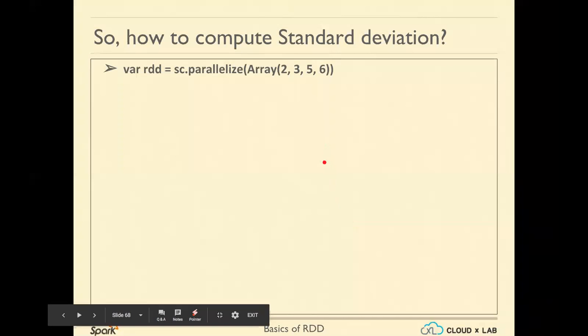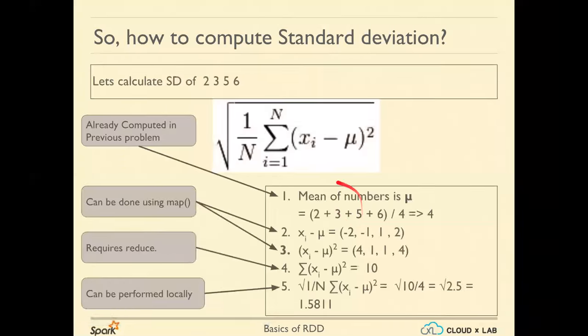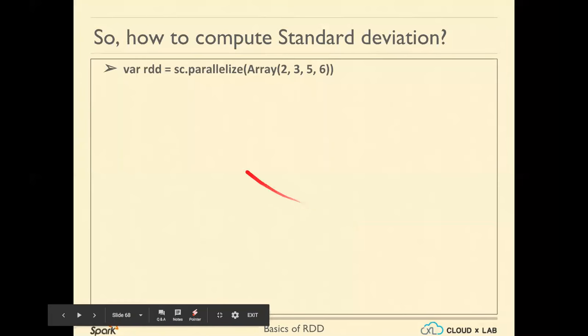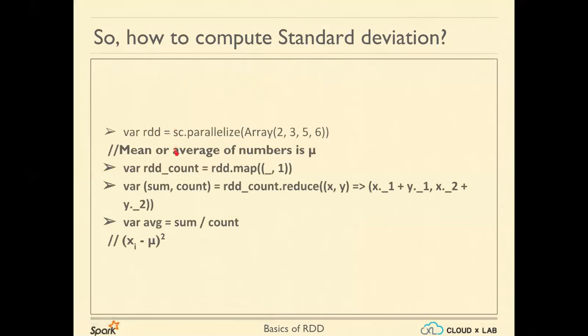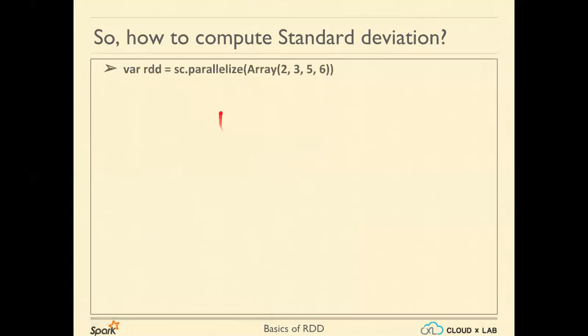So let's take a look at how we will write the same mechanism using Spark. First of all, let's just create an example RDD. Then first of all, we are mapping it. So what is it that we're trying to do?